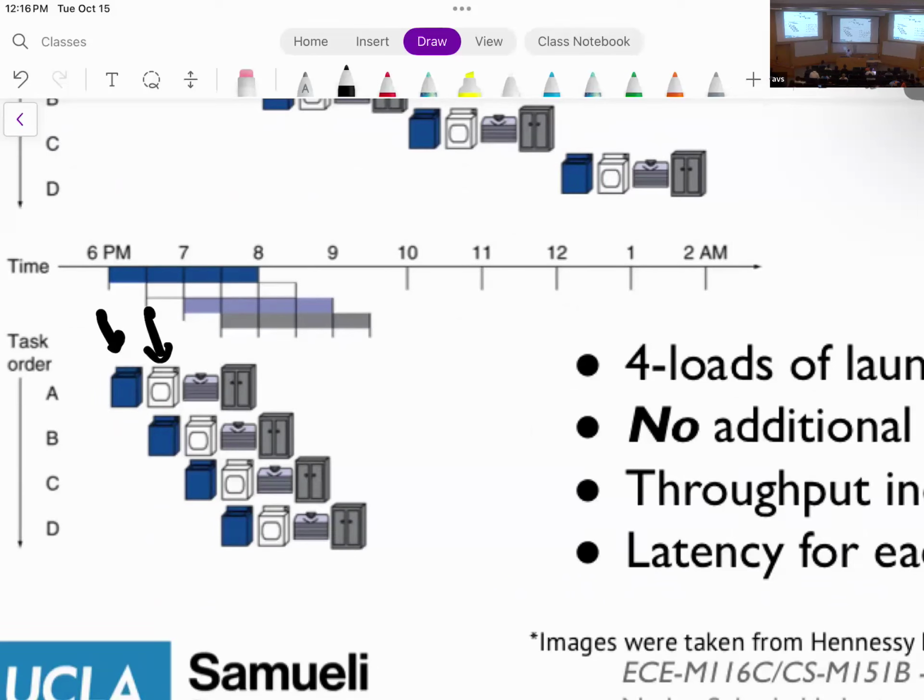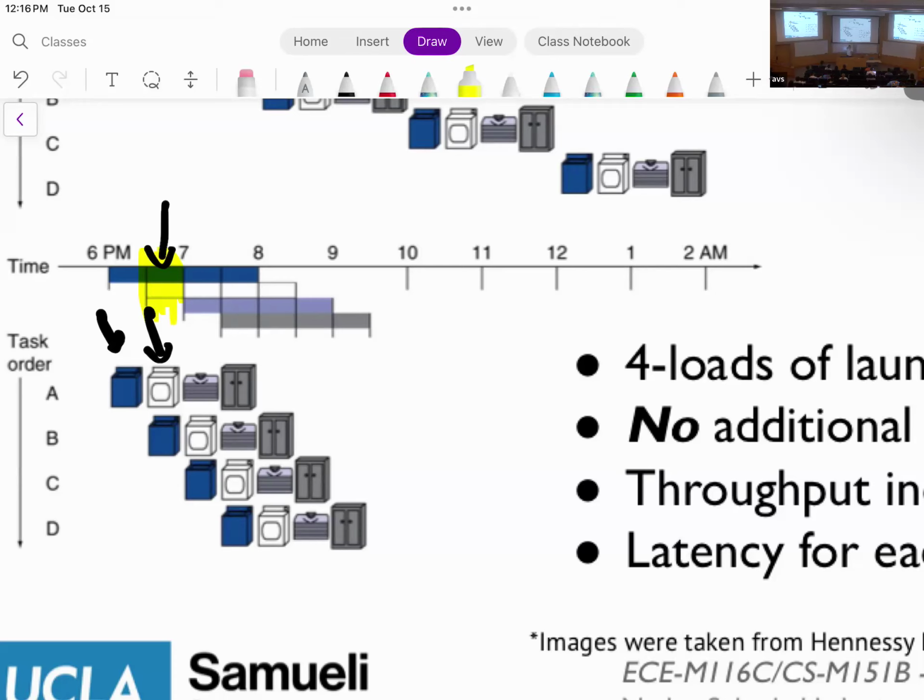So essentially what will happen is that during the second period, we now have some form of overlap. The overlap happens in time, but not in the resources. We still have just one washer and one dryer, and let's say we can only fold one at a time, and we have one closet at a time that we can put the clothes in.